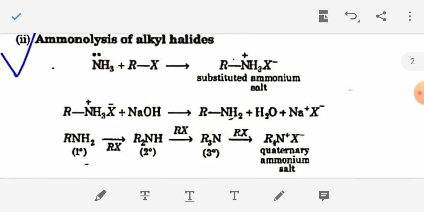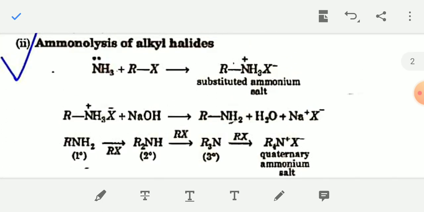So by ammonolysis reaction, you can prepare different types of amines, and in this reaction you have to react alkyl halide with ammonia in the first step.